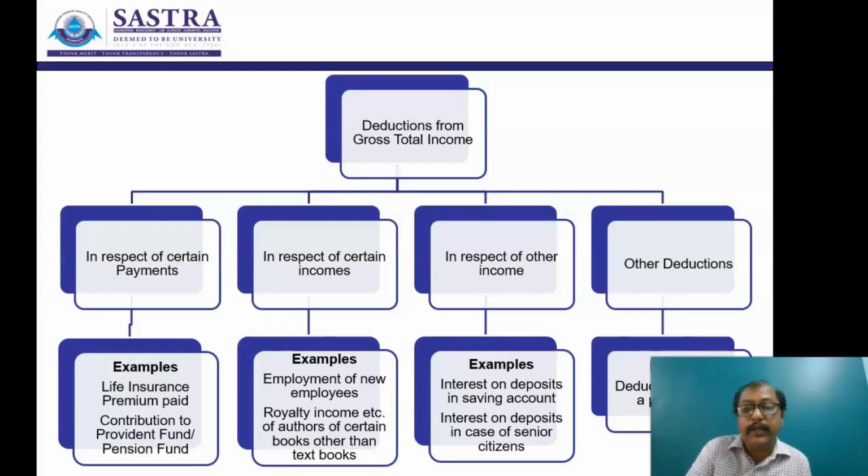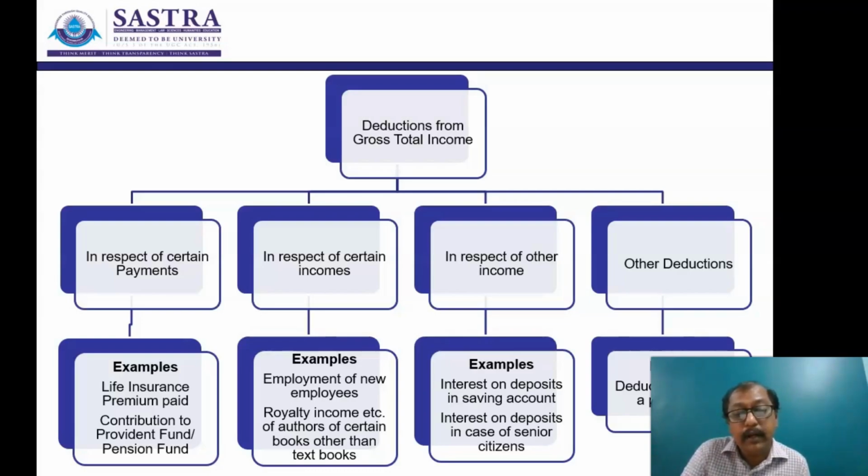These are going to be given as certain exemptions to your payment of taxes. Likewise, with respect to certain income, sometimes exemptions or deductions can be given. For example, the employment of new employees, the royalty income, etc.